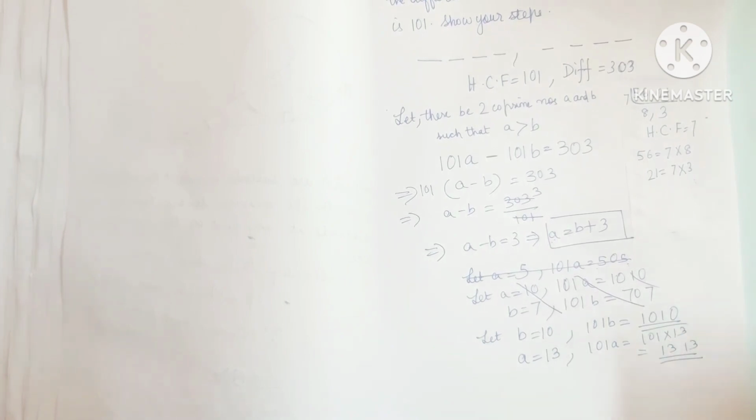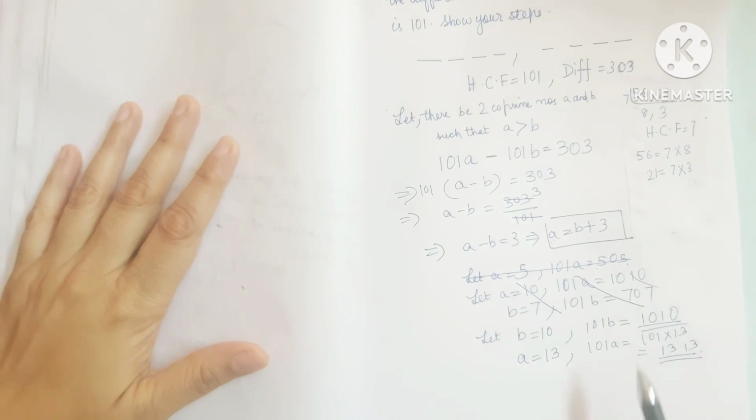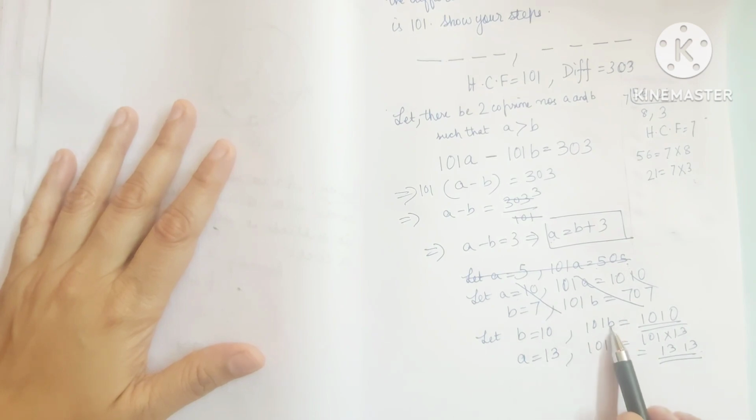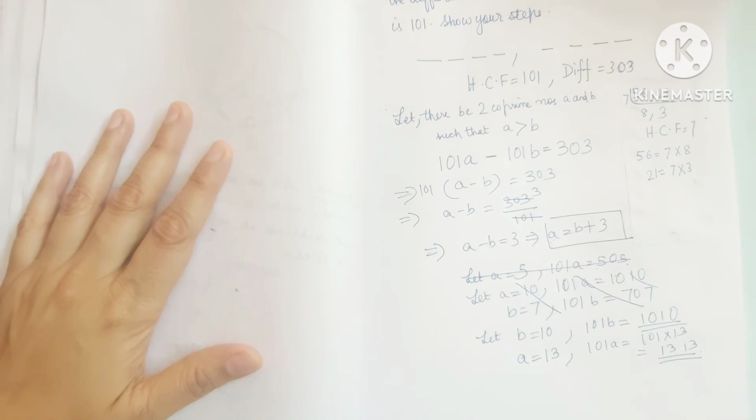Okay, these are two 4-digit numbers. 1010 will be the smallest 4-digit number which satisfies the fact that 101 is a factor of it, right? The next lower multiple will be 909, which does not satisfy 4 digits. So 1010 satisfies all the conditions along with 1313. So the two numbers are 1010 and 1313.